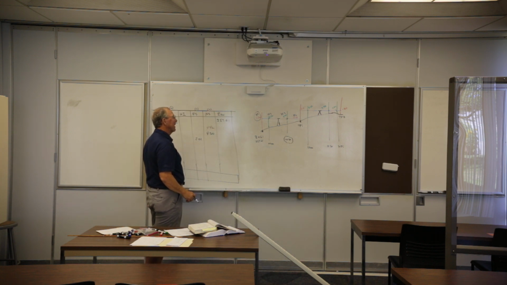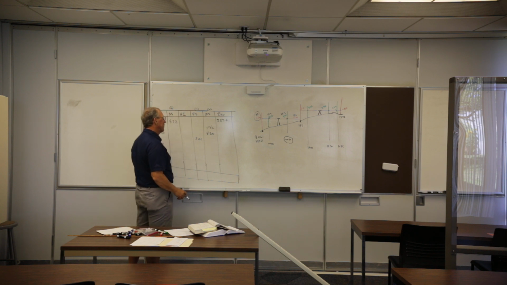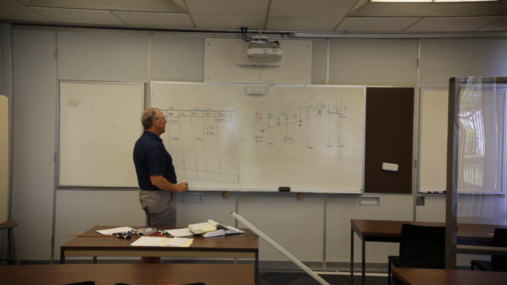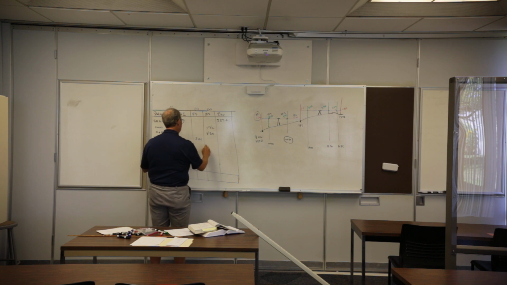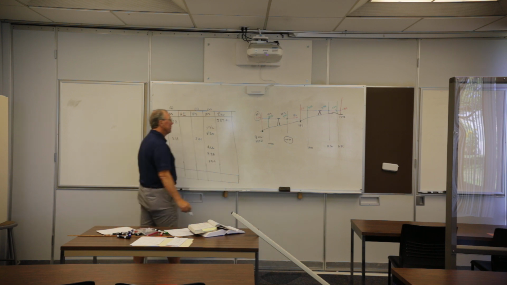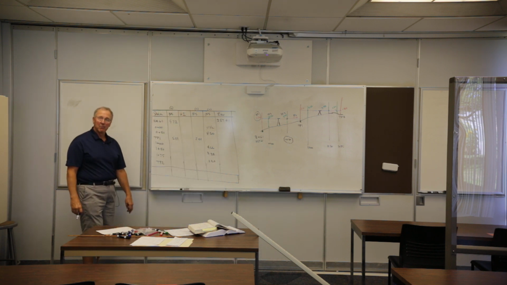Move my gun up the hill. First shot I take is a back sight on TP1. Then I take 3 intermediates. That's the 3 green rods.